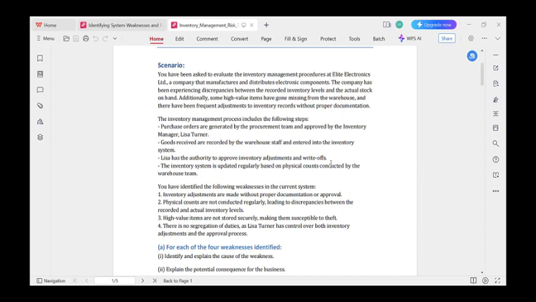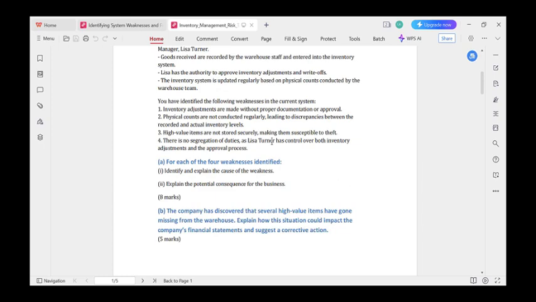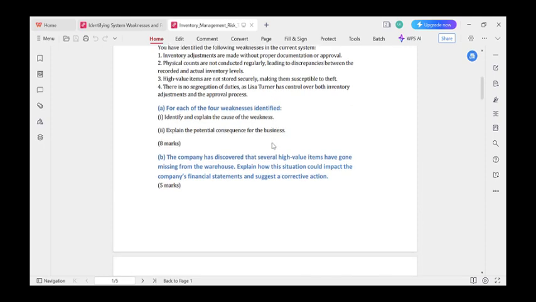All right, shall we start it? Okay. So our first question is, for each of the 4 weaknesses identified, identify and explain the cause of the weakness. So the first thing we are going to do is talk about the cause of the weakness.